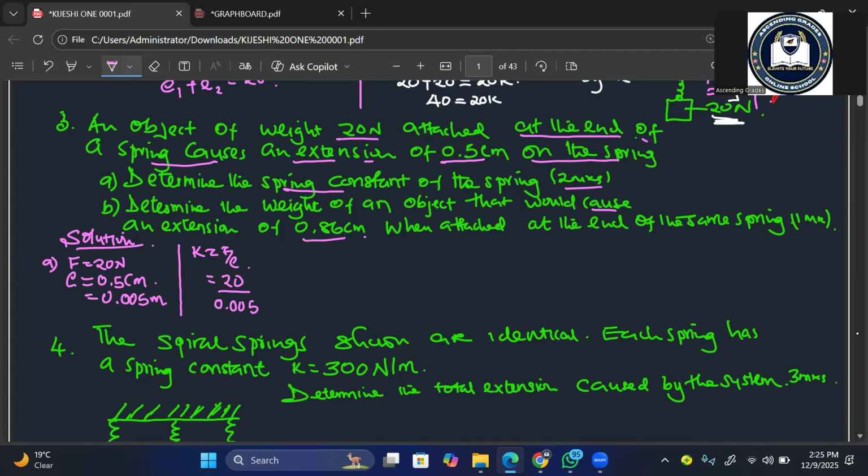From the computation, that is like 20,000 divided by 5, which is supposed to become something like 400. So let me confirm. It is 4,000. So our K is 4,000 Newton per meter.